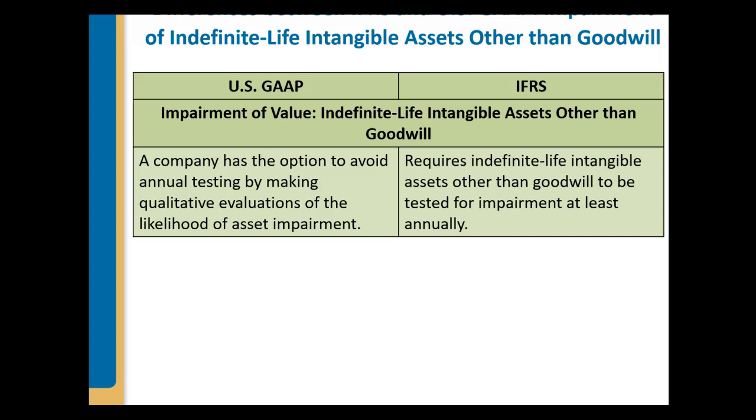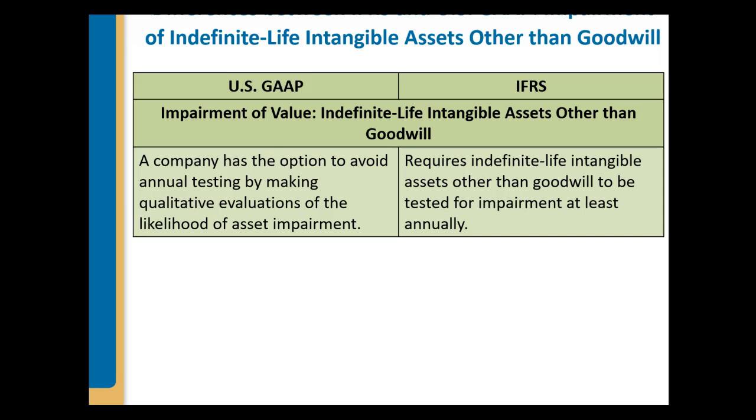So, similar to U.S. GAAP, IFRS requires indefinite life intangible assets other than goodwill to be tested for impairment at least annually.